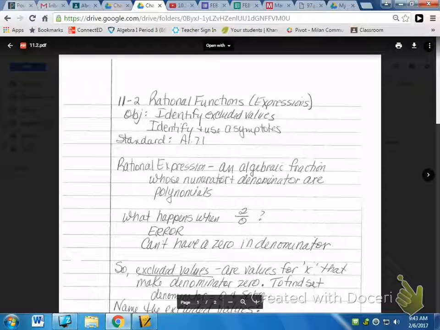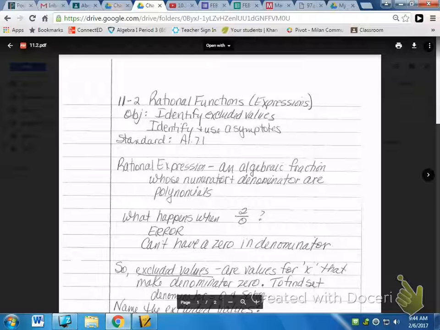And under the umbrella of monomials, it can be a plain number, or a variable, or a product. I want you to be aware it can be just plain simple numbers, but they're going to get much more complicated than that. So that's what a rational expression is.